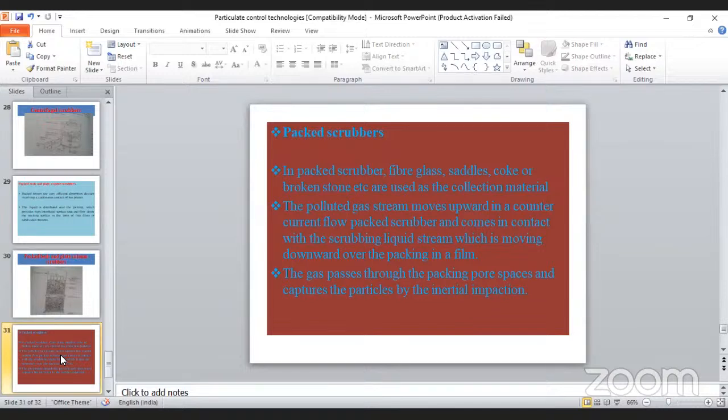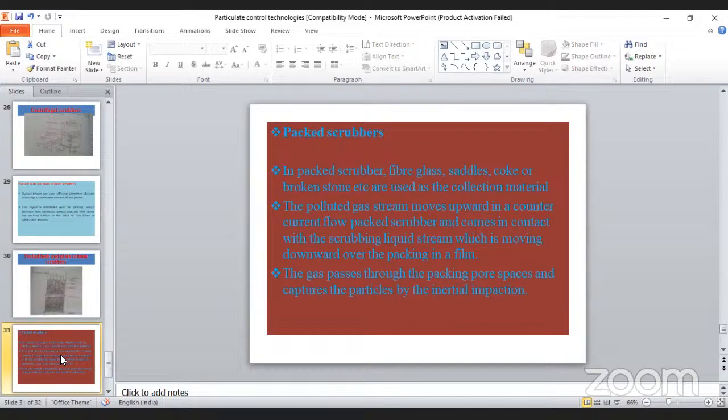One is an upward direction, another is a downward direction. Both will collide or react or stay in the packed material. The packed material is provided at the middle of the column, and these two materials will interact.